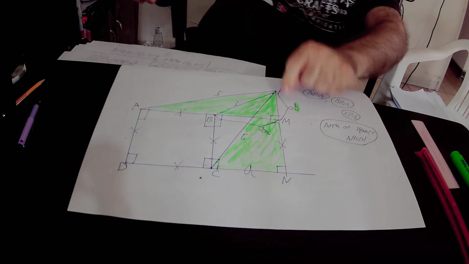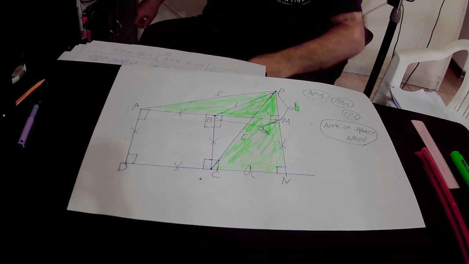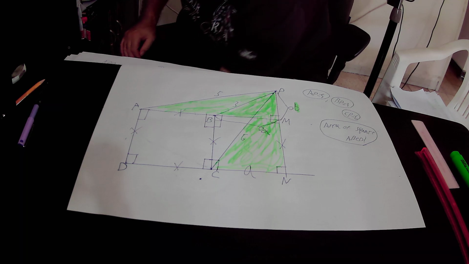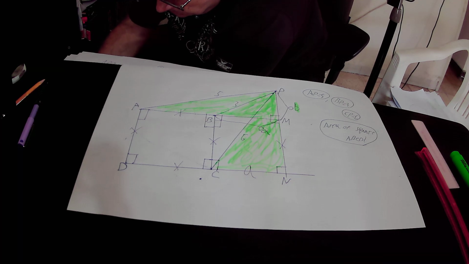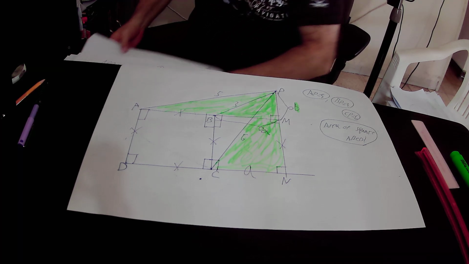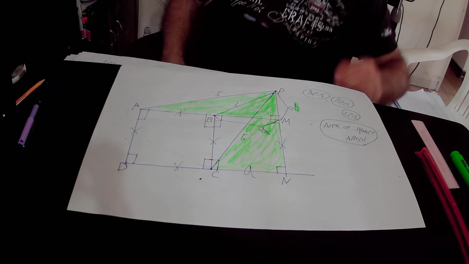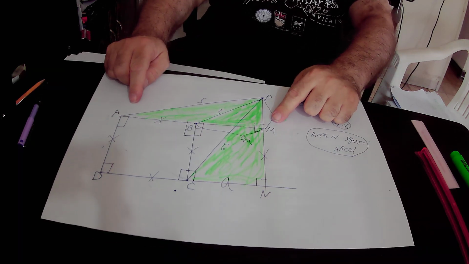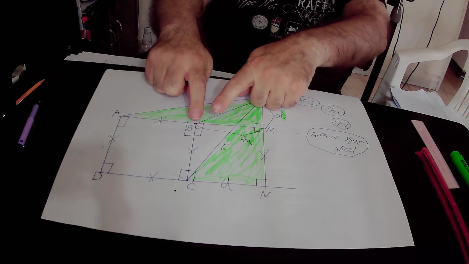Then, we focus on the lower side of line segment AM at point B. This angle equals 90 degrees, this angle equals 90 degrees, 90 degrees plus 90 degrees is 180 degrees.